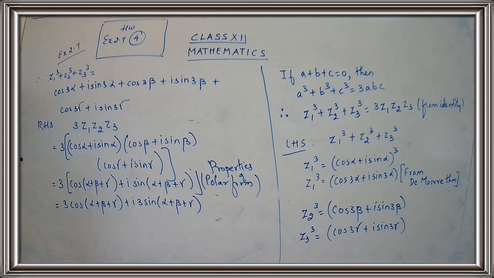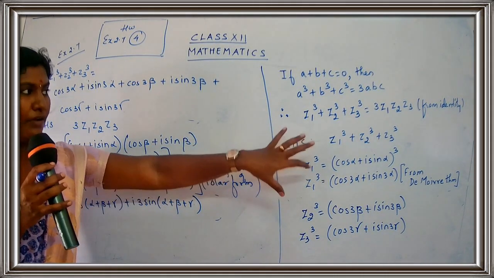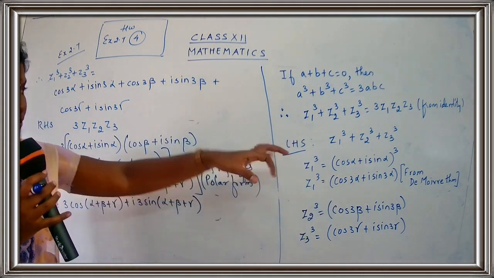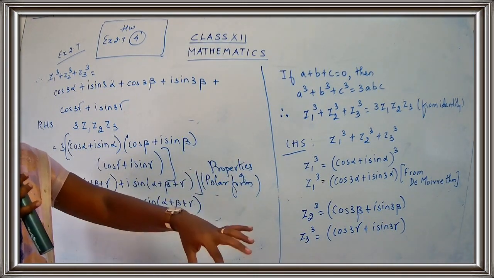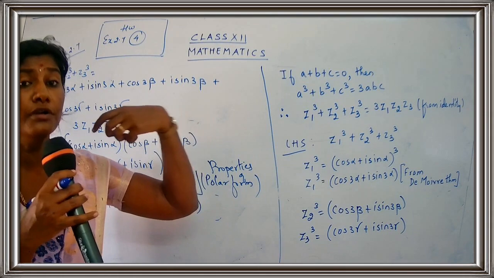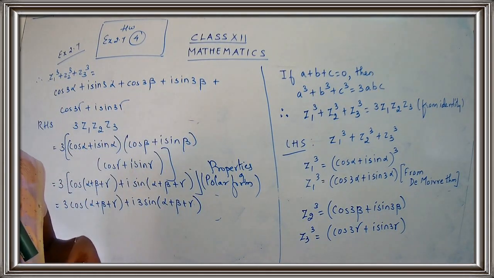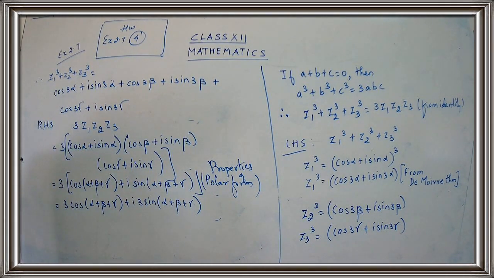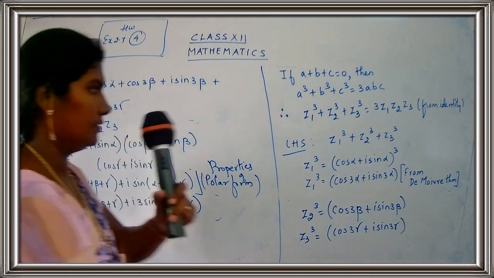So now what we are going to do is take the LHS part and the RHS part together, because I took them separately as I cannot put everything together. Now I am going to put them together and try to get the required proof.